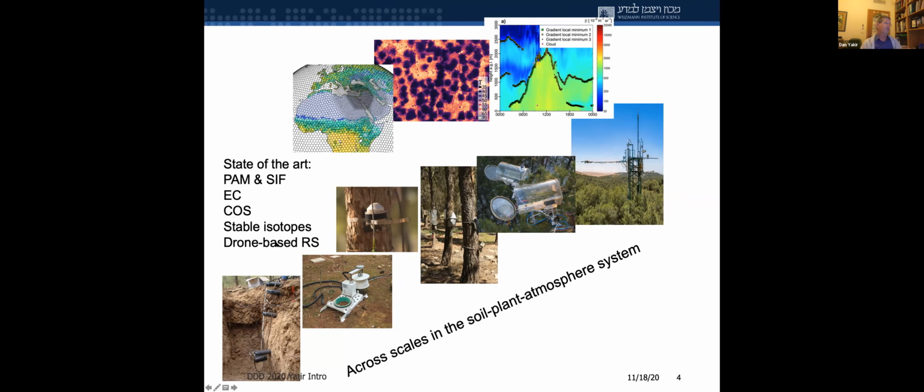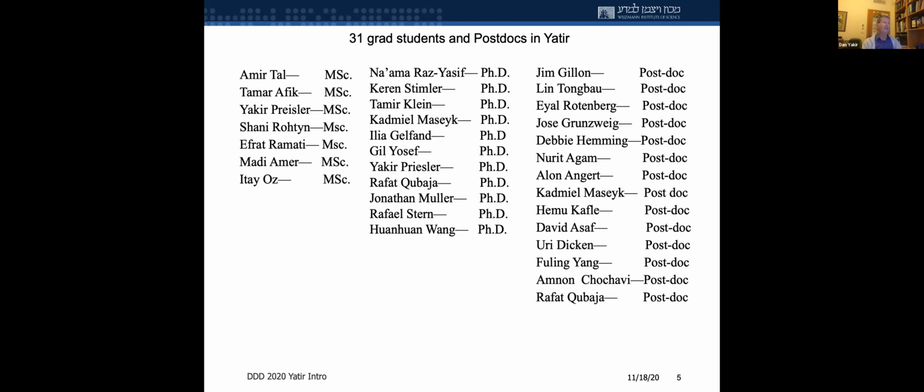And we try to stay at the state of the art with all sorts of instrumentation. Now we're measuring SIF, the sun-induced fluorescence, carbonyl sulfide, stable isotopes, as Steve has mentioned, and drones are becoming very popular these days.